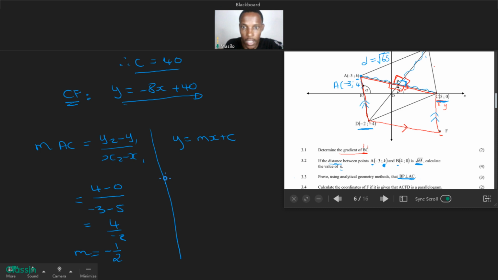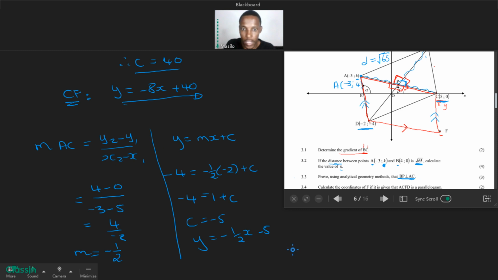Then we say negative 4 equals negative 1 over 2 times negative 2, plus c. So negative 4 equals 1 plus c, then c is equal to negative 5. So y equals negative 1 over 2 x minus 5.